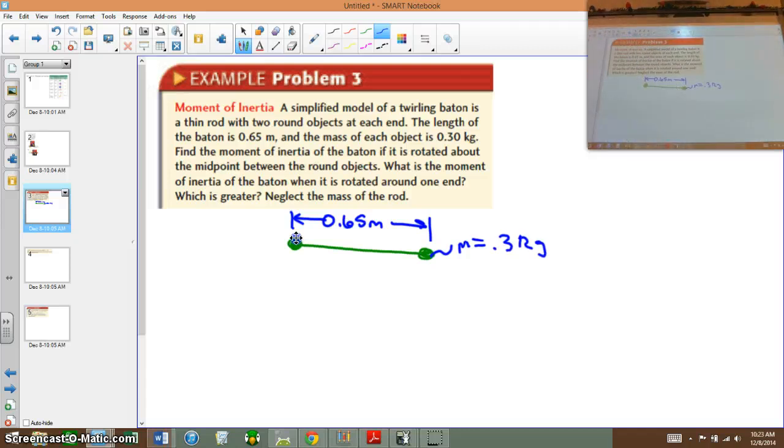Find the moment of inertia if the baton is rotated about the midpoint. So we're going to rotate it around the midpoint. And what is the moment of inertia if you rotate it about one of the ends? So let's do that. A thin rod, 0.3 kilograms. Find the moment of inertia. Okay.